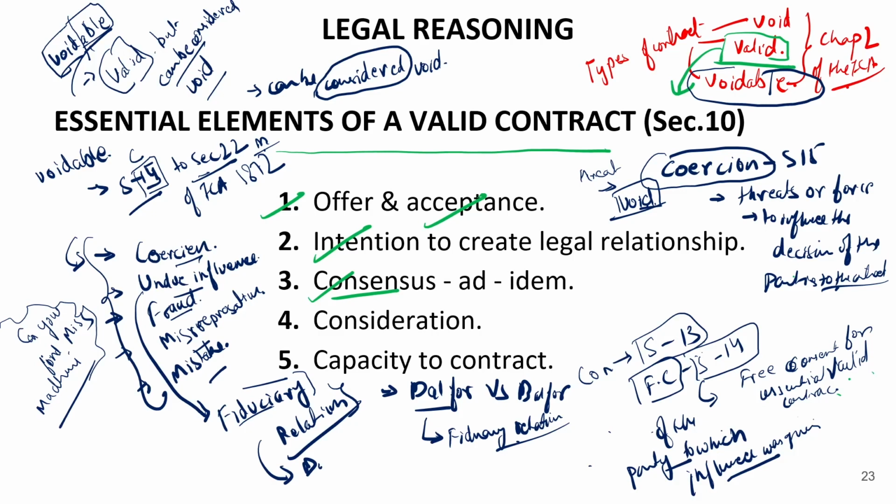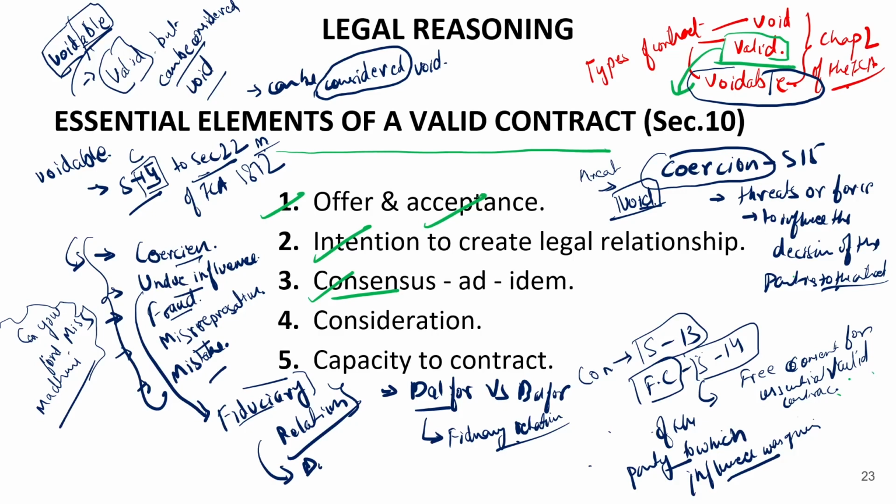So in relations where a fiduciary relation exists, the agreement can be converted into a voidable agreement if the other party to whom this influence has been given or taken has reasonable grounds to claim that his decision was curtailed and influenced by the relation existing between party number one and party number two. Obviously, party number one being the mother and party number two being the daughter.